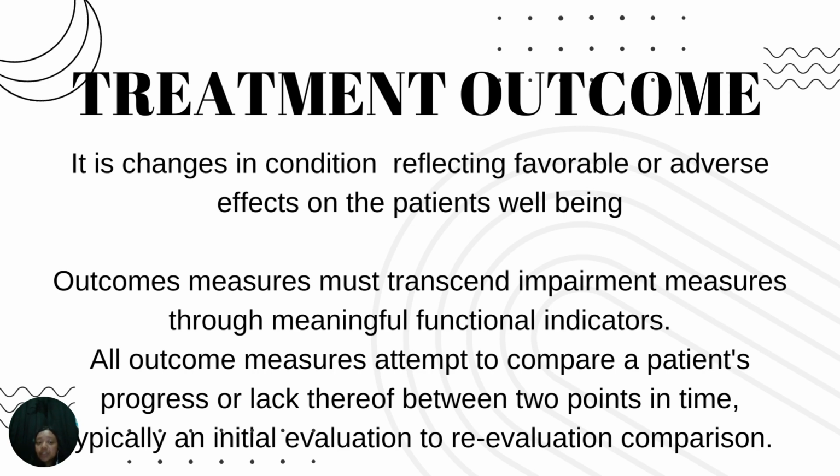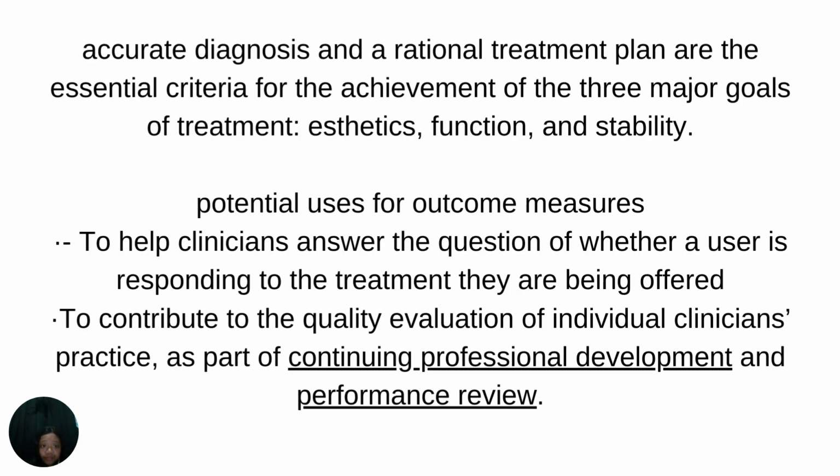All outcome measures attempt to compare a patient's progress or lack thereof between two points in time, typically an initial evaluation or a re-evaluation comparison. Also, an accurate diagnosis and rational treatment plan are essential criteria for the achievement of the three major goals of the treatment: aesthetics, functions, and stability.